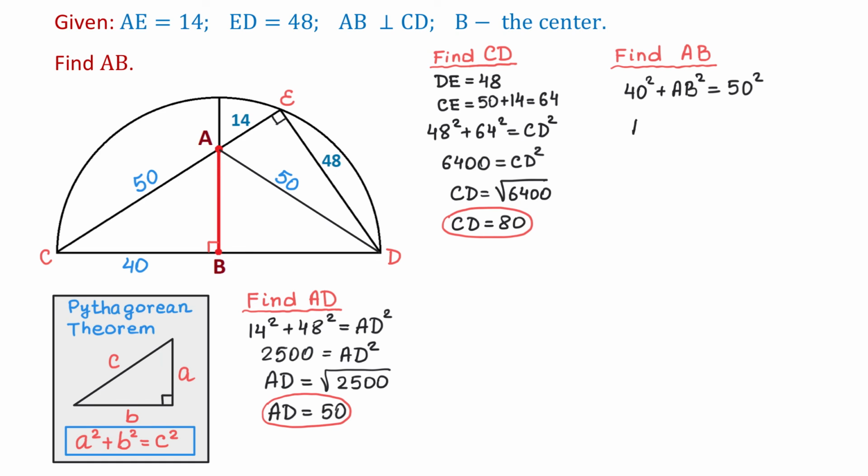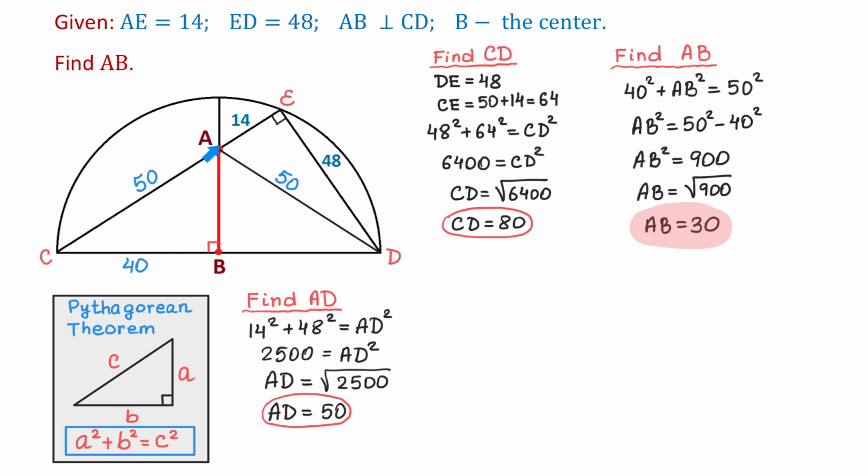In this equation, AB squared equals 50 squared minus 40 squared. Then AB squared equals 900. And then AB equals the square root of 900, which equals 30.